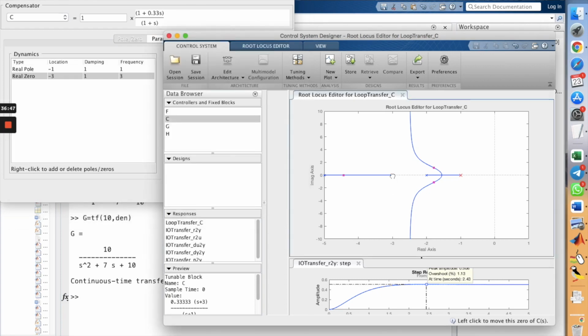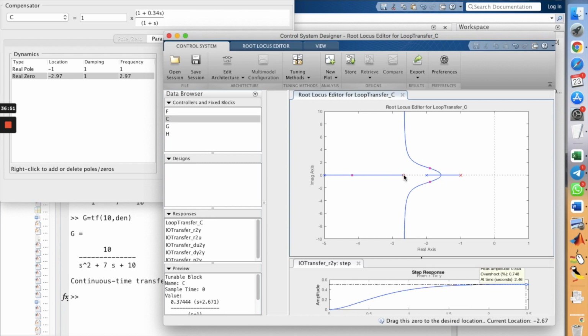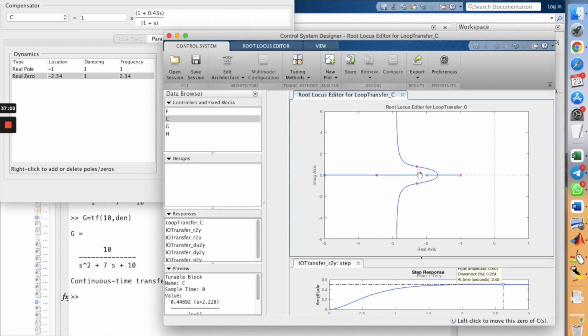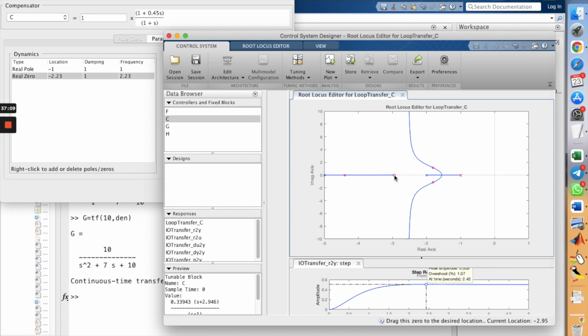So, see, I just drag it to the right. It bends more to the right. The closer it is to the dominant poles, the more it bends to the left. But if I bring the zero far from the dominant poles, it bends less to the left.